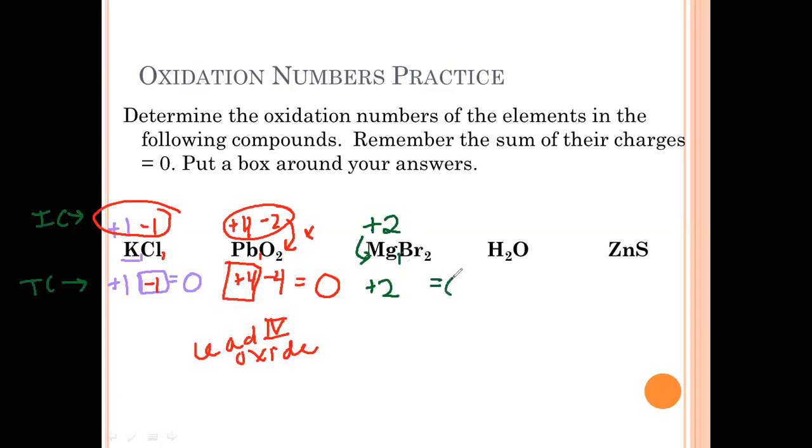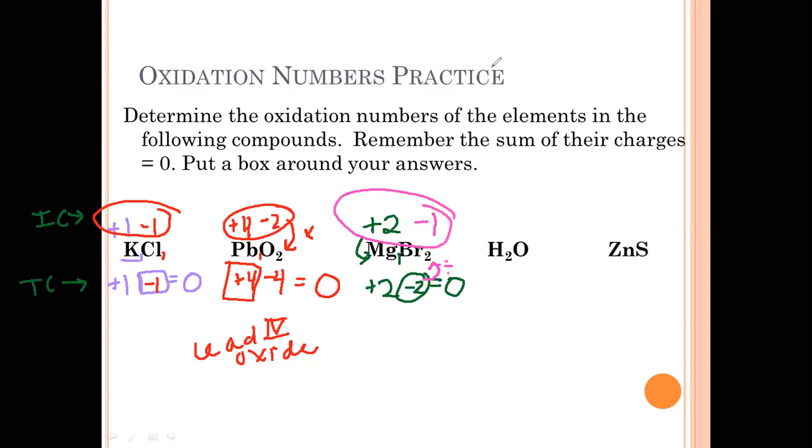I know that my total has to equal out to 0, so if I'm solving for bromine, that has to be -2. We haven't had one like this yet. Bromine is -2, but there's 2 of them, so I'm going to divide when I'm going back up by the number I have. So multiply going down, divide going back up. -2 divided by 2 is -1. And those are my answers.